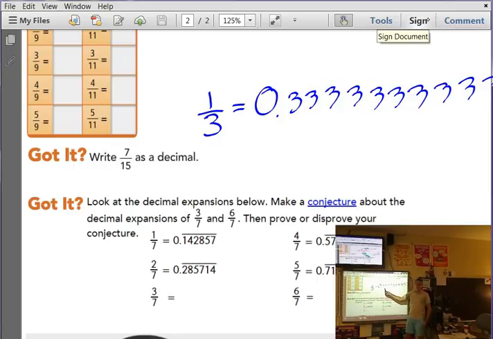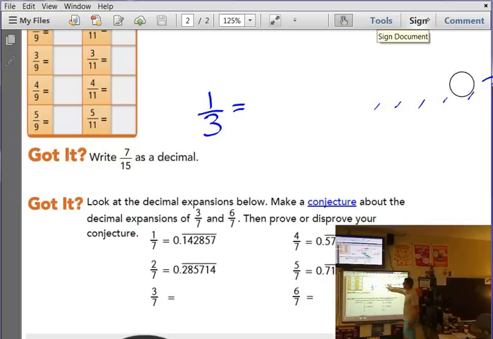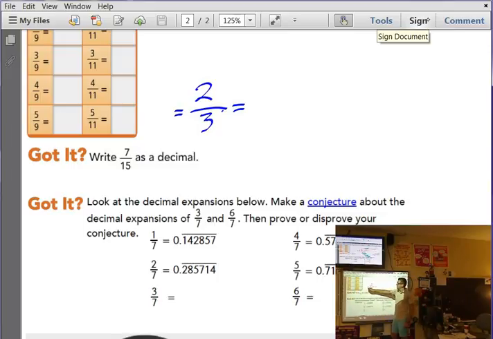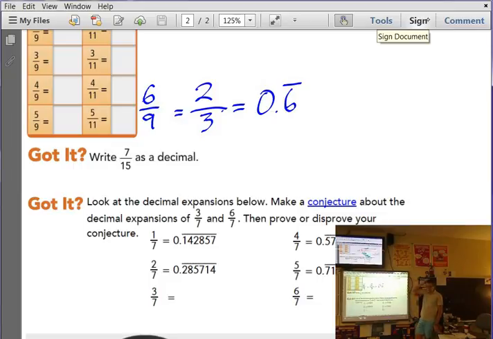I can put it in a decimal form, but it's not very nice. What if instead of 1/3, I have 2/3? Really, this is 6/9, because if I multiply by 3 and I multiply by 3, these are equivalent to each other. 0.6 forever. But it is a rational number because it can be written as a ratio.